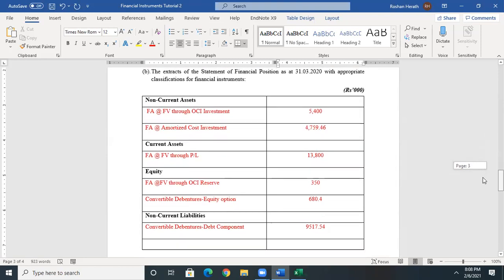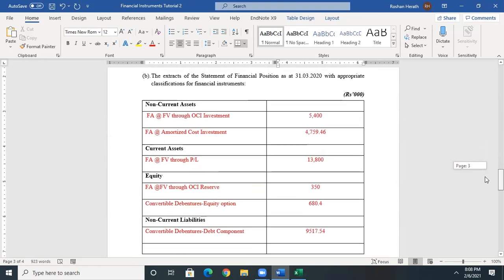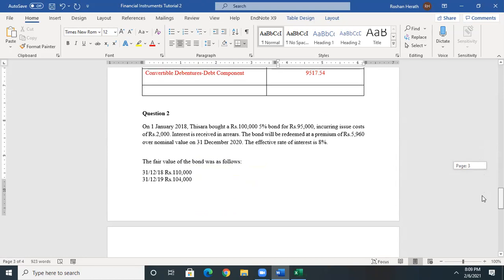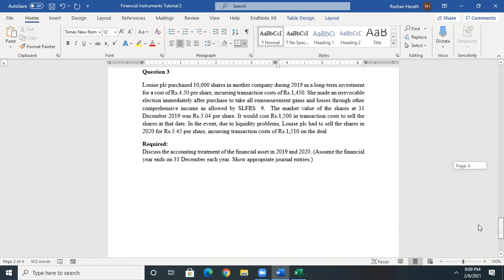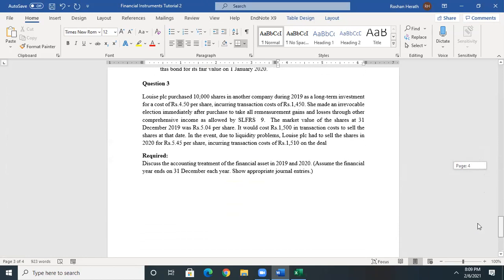Right. So there may be some questions what we have to discuss on this. Probably in the next class we can discuss them together. There's one question left over here, and also I need to take one more question on this impairment with you. And also in the last class there was one question left that was about the options. So it is into the derivatives. I want to take them as well.